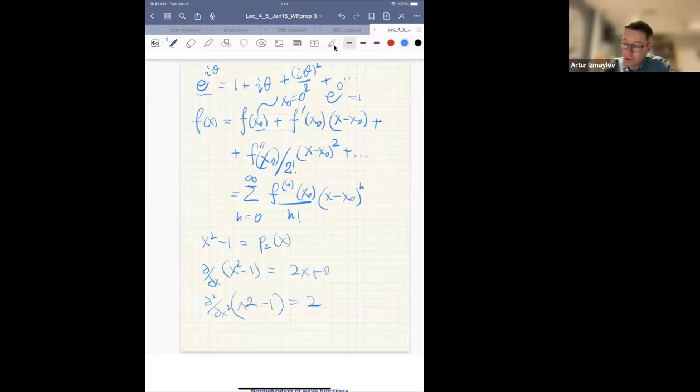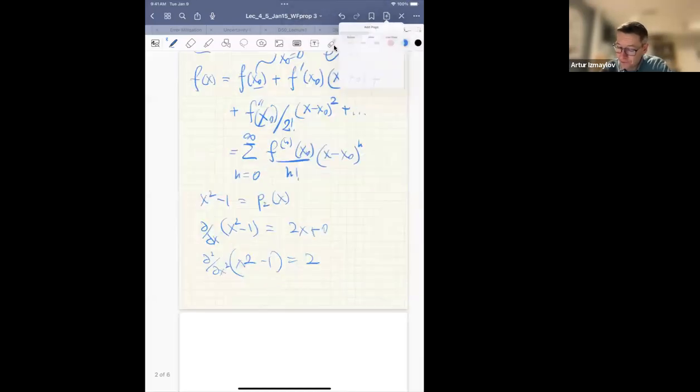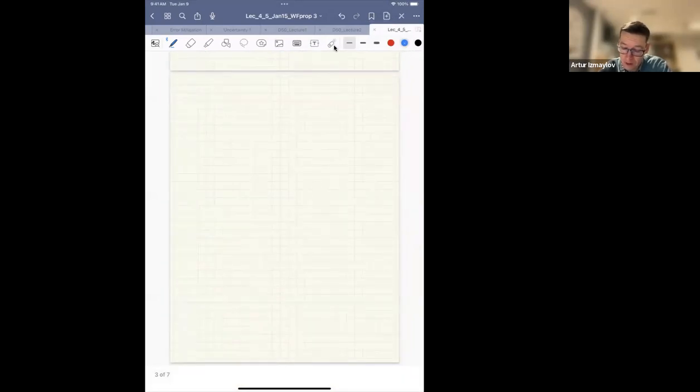Then you can compare this with the cosine of theta and i sine of theta. Cosine starts with 1, minus theta squared divided by 2, and so on.